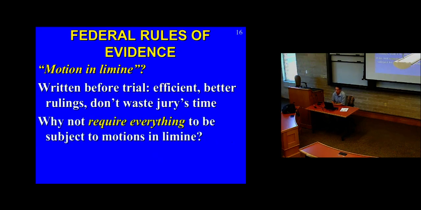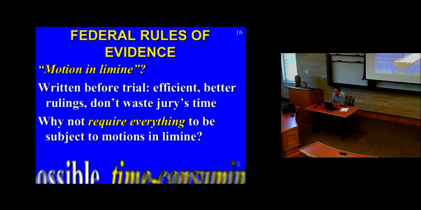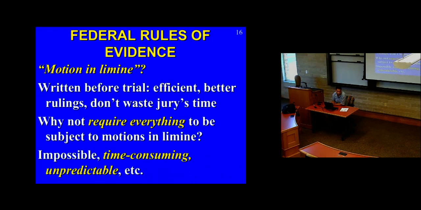One might think, well, then why not require this for everything? I mean, we could eliminate all objections at trial if that were the case. And conceivably that would be great if you could really imagine every conceivable thing that might come up at trial. It's just you can't predict everything. So it's impossible to do that.